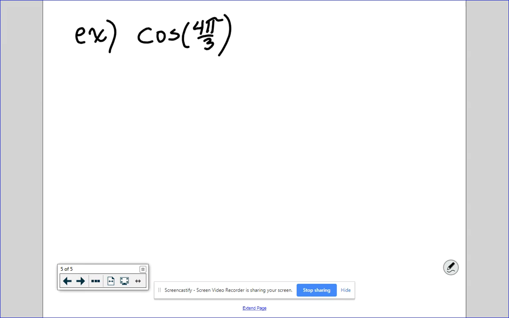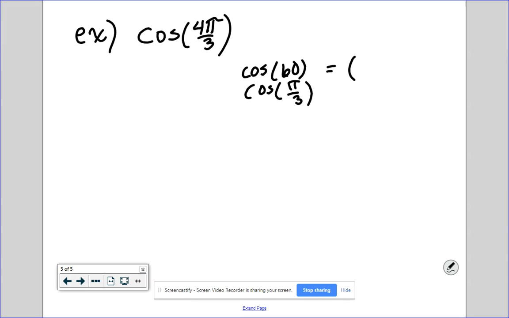And 4 pi over 3 falls into what bow tie? 240. Right, it's 240 degrees. And 240 falls into what bow tie? The 60-degree bow tie, right? So we've got to figure out what is the value at cosine of 60, which is also cosine of pi over 3?